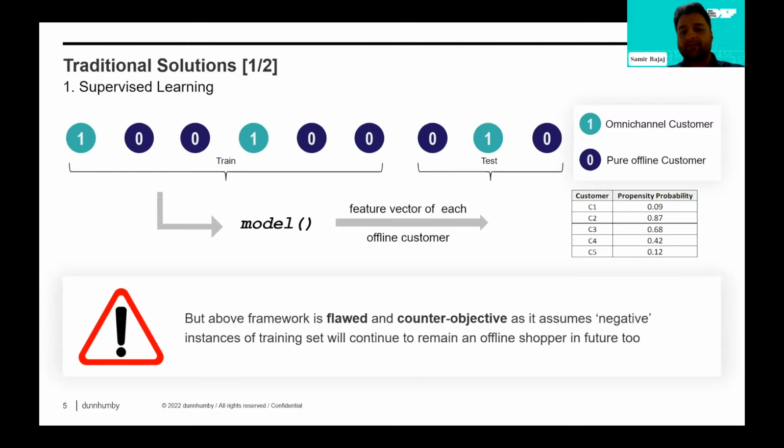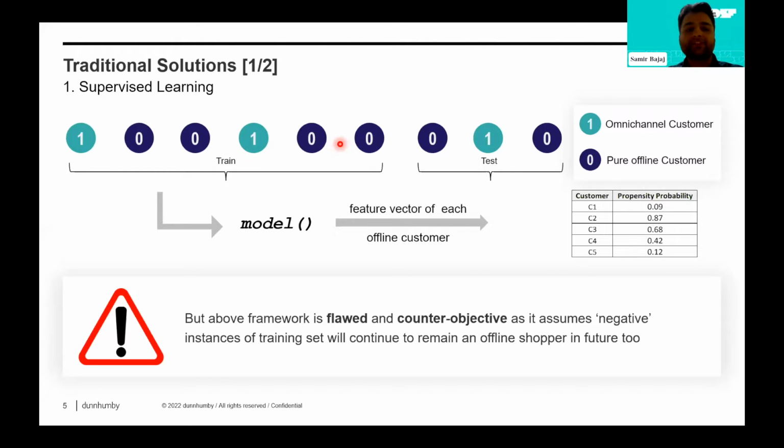But this framework is flawed because it assumes that in the train sample, these zeros, which we are taking as zeros, will remain offline shoppers in future too. But we don't know about that. They can shop online in coming days.